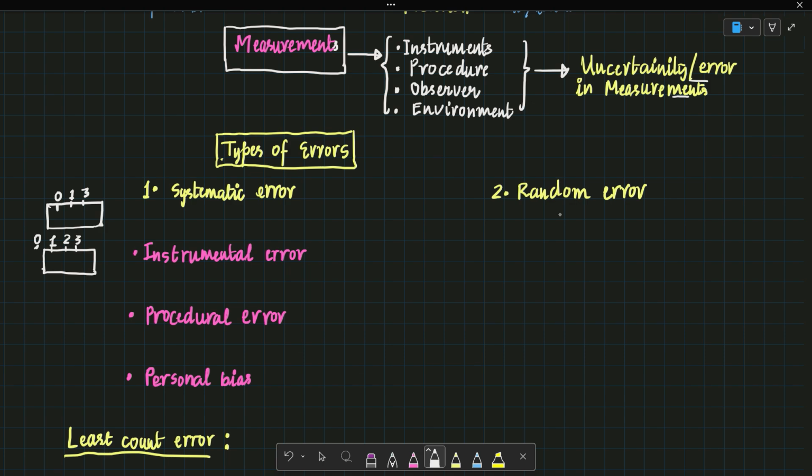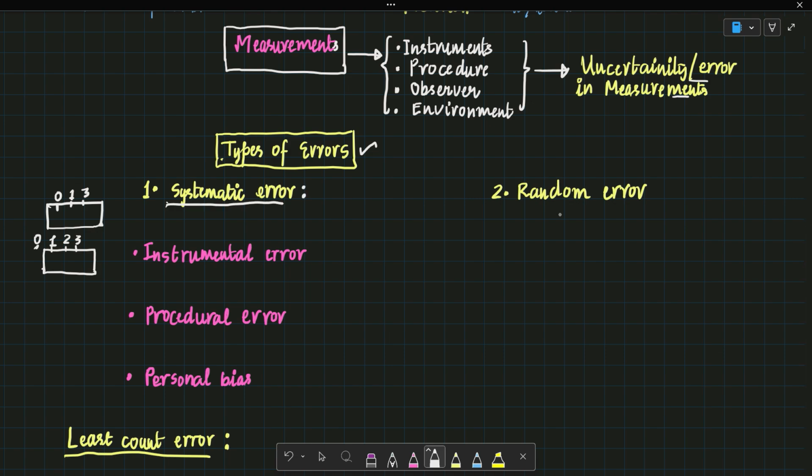So now we want to classify what kind of errors are there. So we say that there are two types of error. Grossly, or you can say mainly, there are two types of error. First, or one of them, is called systematic error.